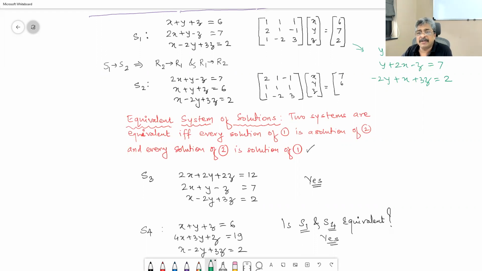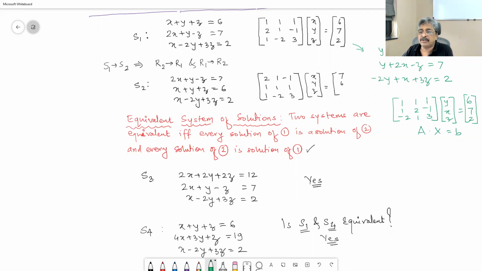Its corresponding matrix equation will be [1, 1, 1; 2, 1, -1; -2, 1, 3] times [y, x, z] equals [6, 7, 2]. This is what is going to be Ax = b for this.